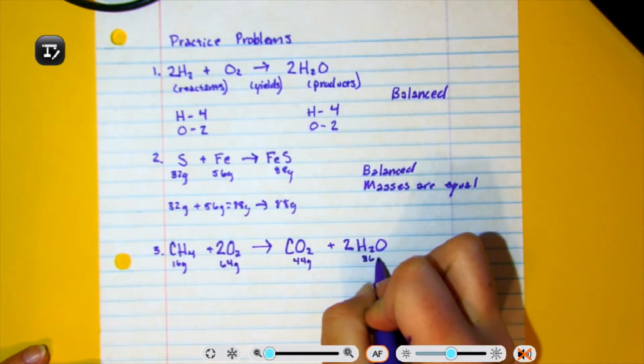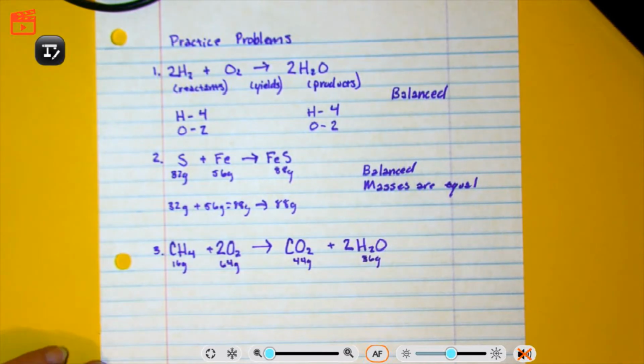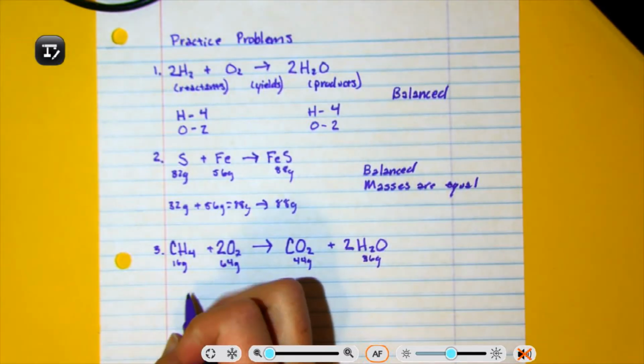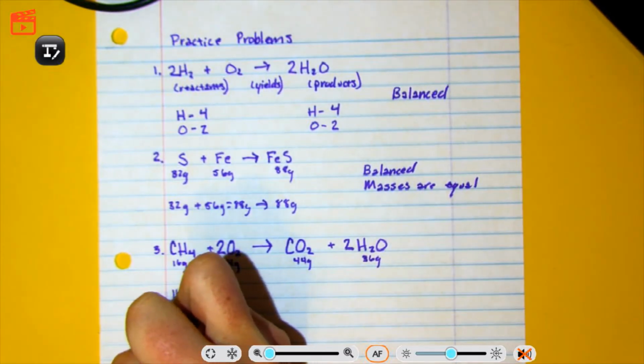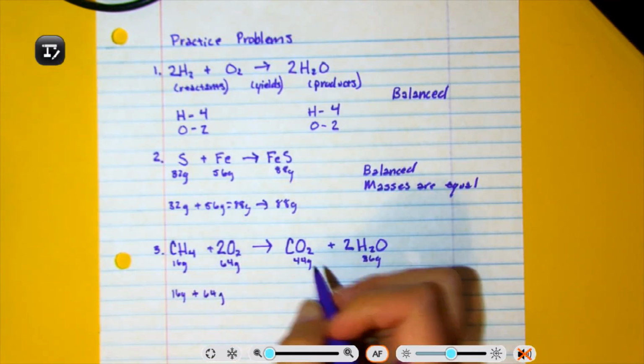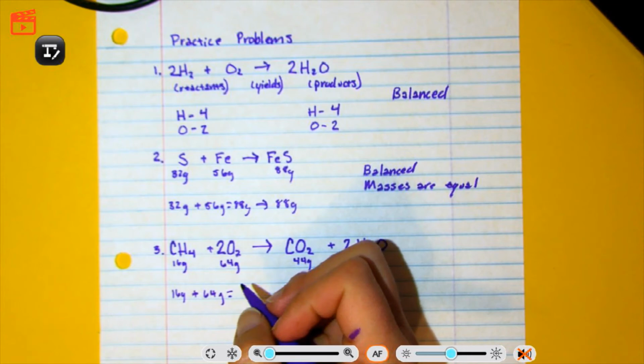Okay, so what do we have to do to figure out if the law of conservation is abided by? We have to add up the masses on each side, right? So down here, I would have 16 grams plus 64 grams, and that would equal 80 grams.